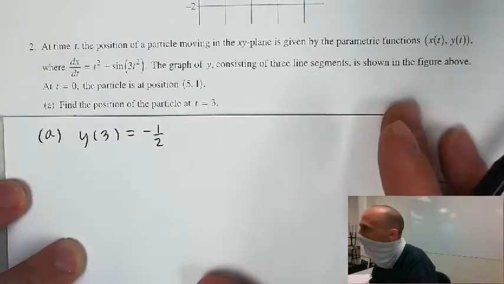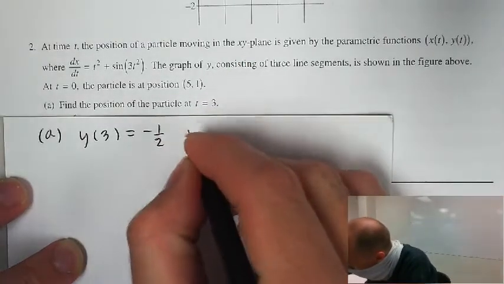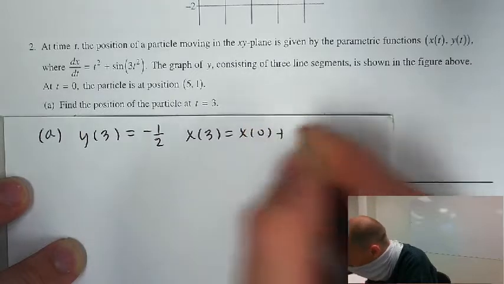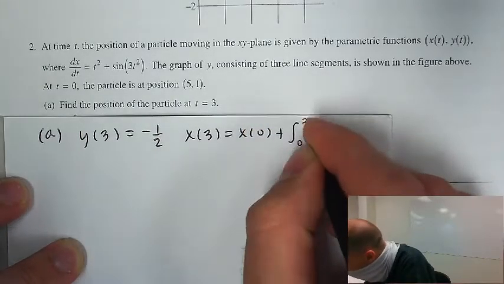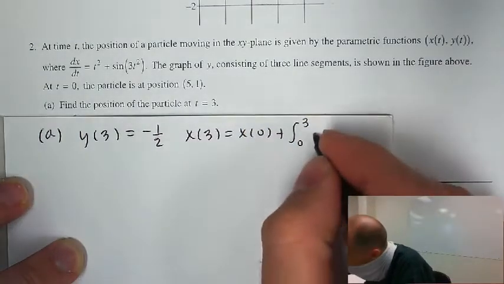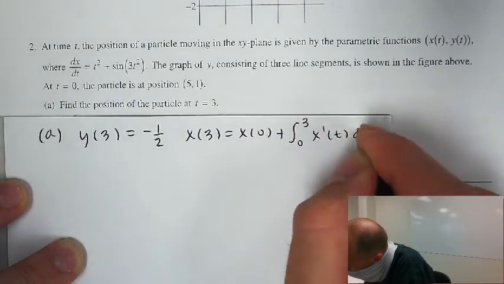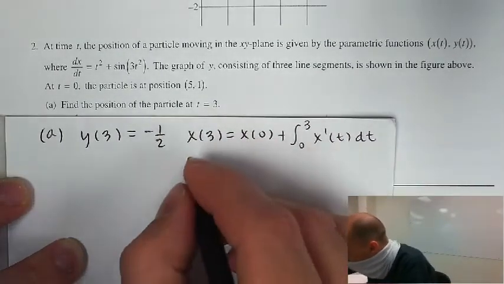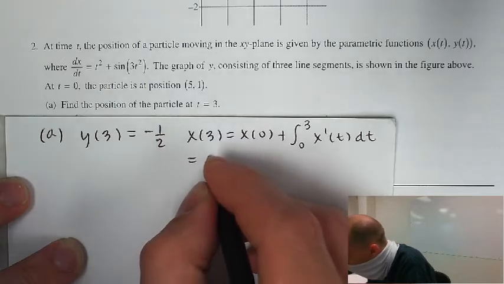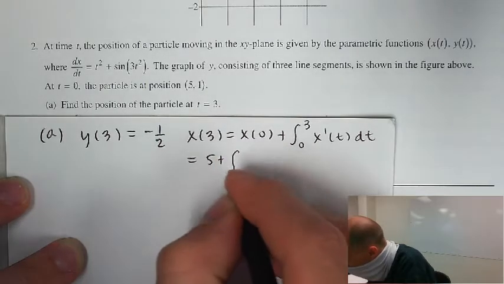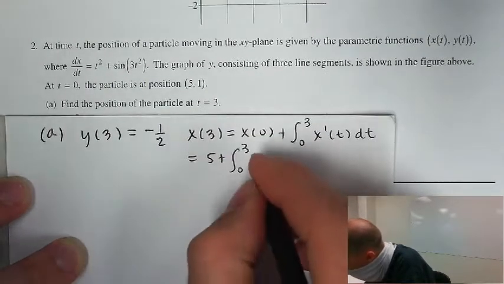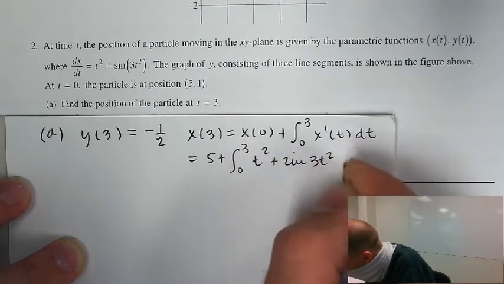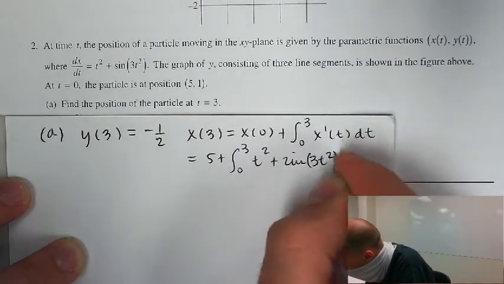So that is negative 1/2 for sure. Okay, x of 3 is going to be equal to x of 0 plus the integral from 0 to 3 of x prime of t dt. So that's x of 0, which was 5, plus the integral from 0 to 3 of t squared plus sine of 3t squared dt.